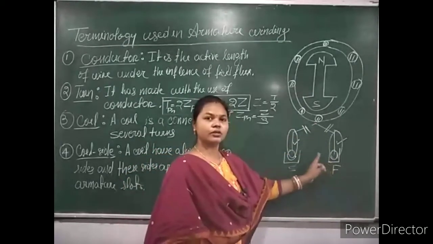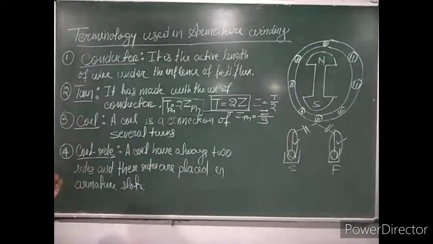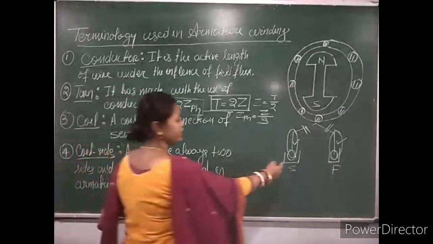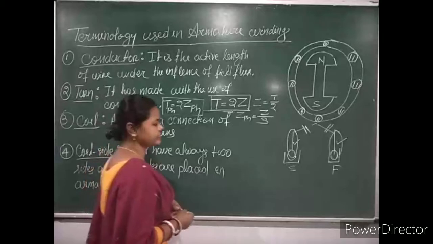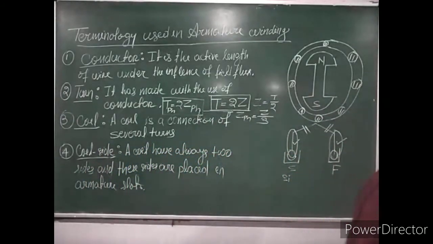So it is called one coil. It means that to make a coil, the minimum requirement is 1 turn. Clear? The example which we have taken is called a single turn coil.